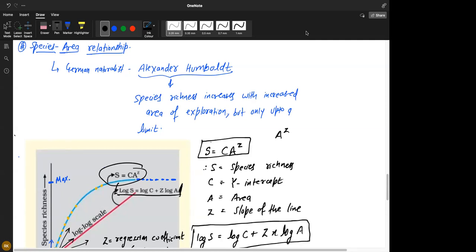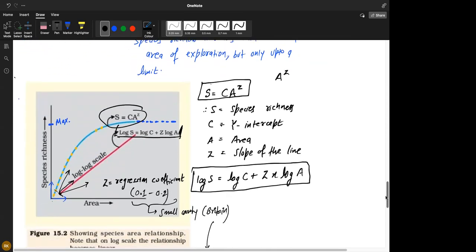Yes, sir. So next we learned about the species area relationship. German naturalist Alexander Humboldt showed that species richness increases with increased area of exploration, but there is a limit for that. This can be shown in a graph.